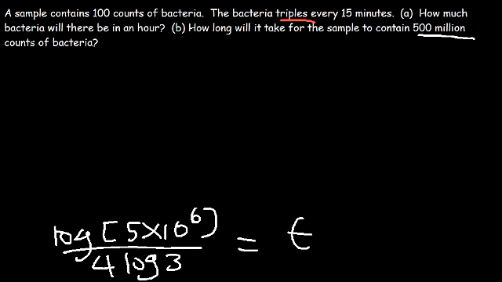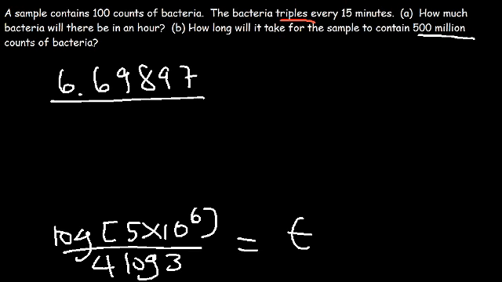So if you have your calculator with you, type in log 5 times 10 to the 6. You should get 6.69897. Log 3 is about 0.47712. If you multiply that by 4, on the bottom you should have 1.908485.